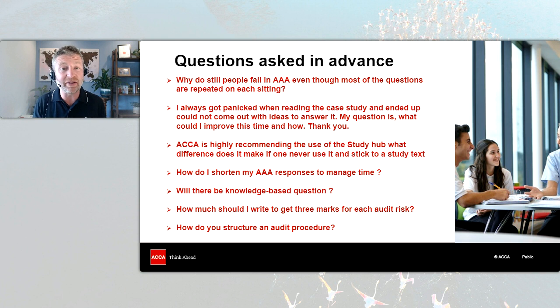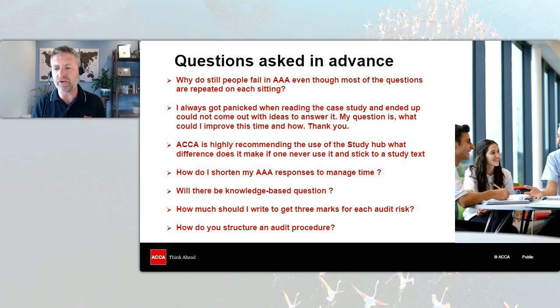You need to know a bit about each one, so that if leases or pensions or inventory or capitalizing research and development expenditure or revenue recognition come up, these are all ones that have been tested recently, by the way, you know enough about the accounting standard that you can cope with the question. But the question isn't going to give you loads of marks for writing out the accounting standard. It's going to be for using the scenario. Okay, so I need to know a bit about each accounting standard so that I can problem solve in the exam.